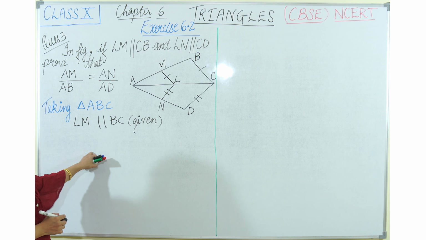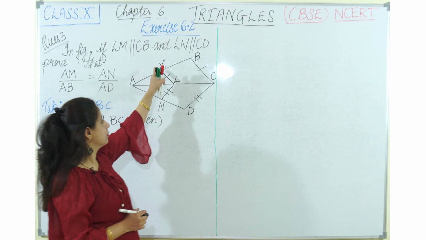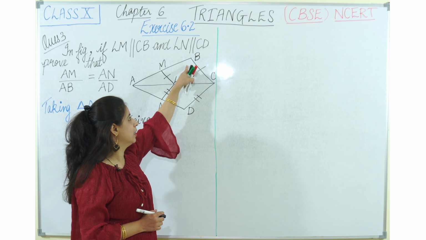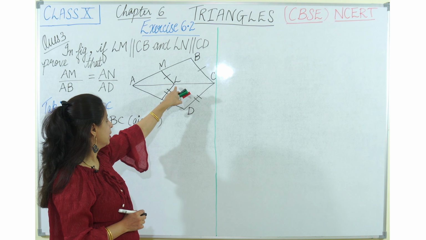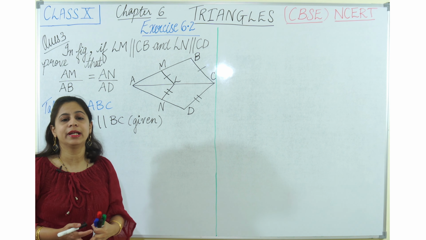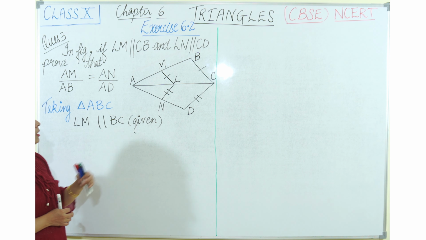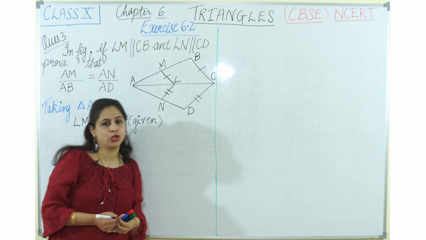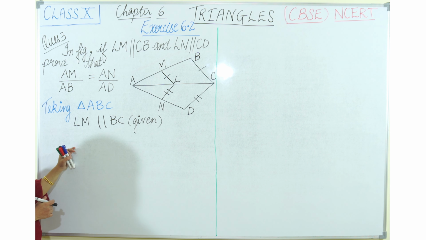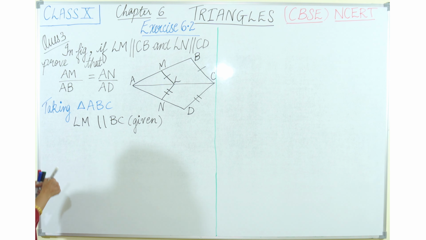The basic proportionality theorem says that if a line LM is parallel to one side of the triangle and intersects the other two sides at points L and M, then LM divides the other two sides in the same ratio. So let us apply the basic proportionality theorem.